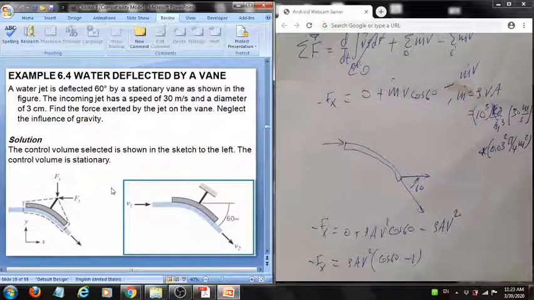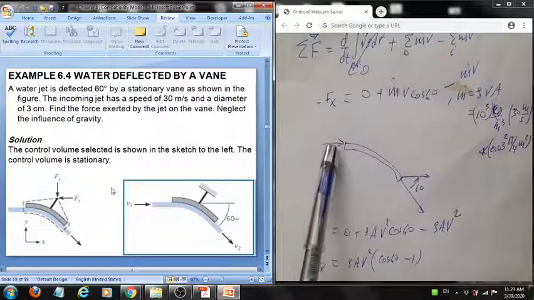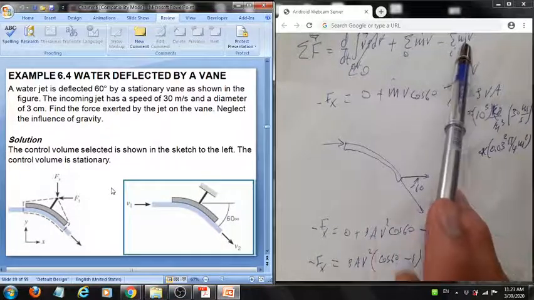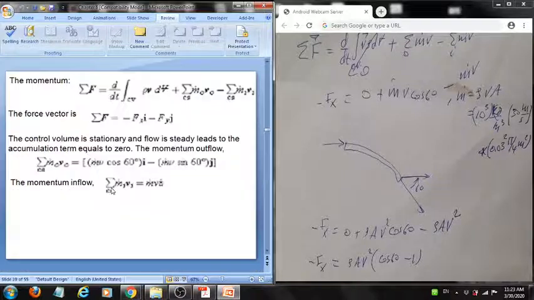Again, momentum leaving, momentum entering. We do have one inlet, one exit as seen here. So this is our equation solved.